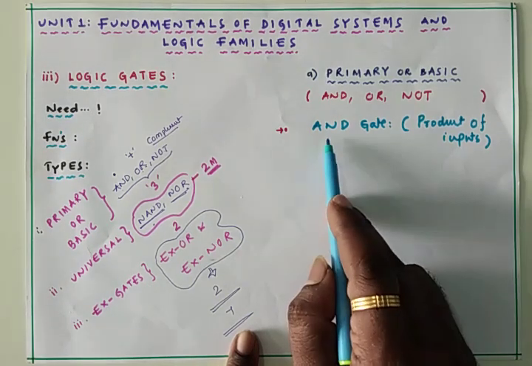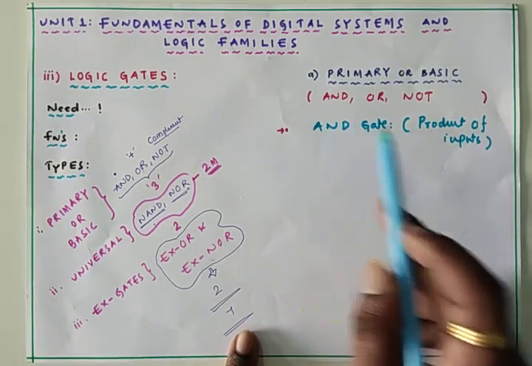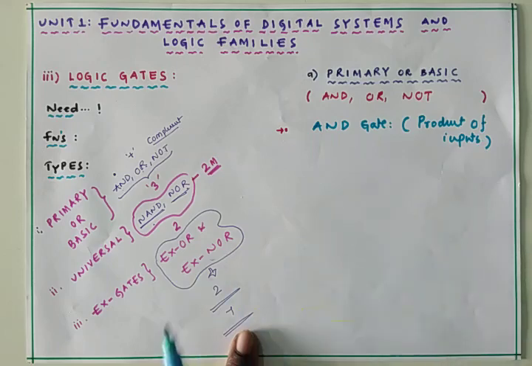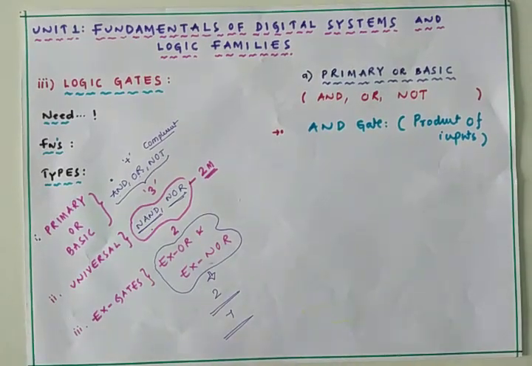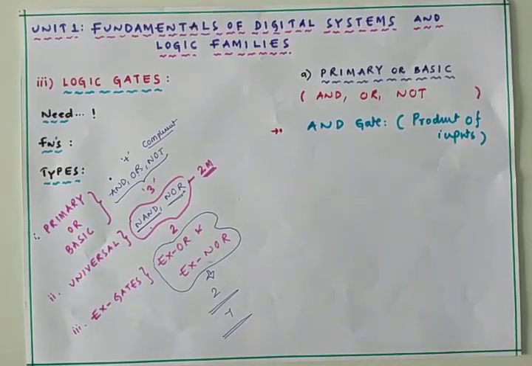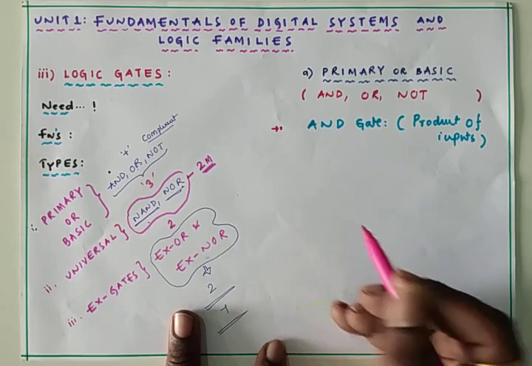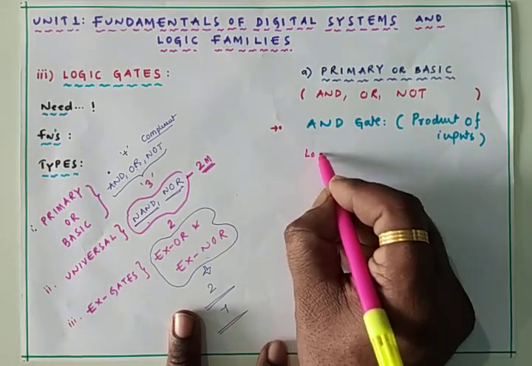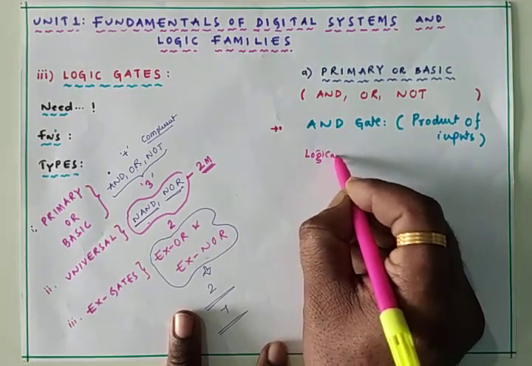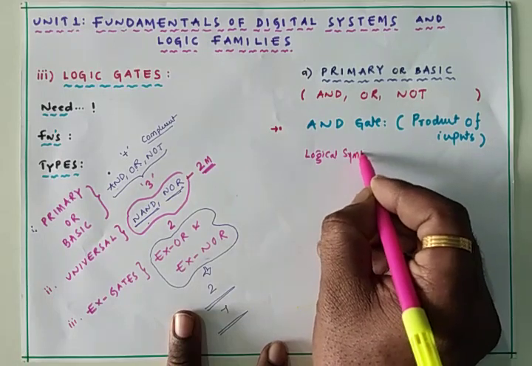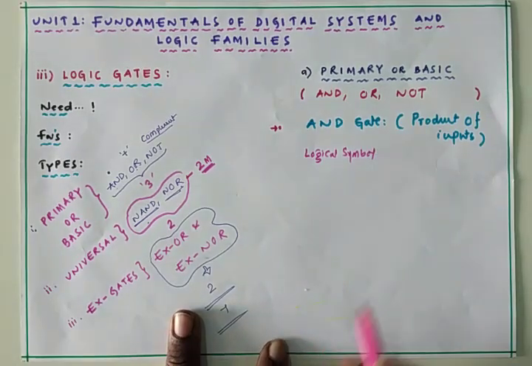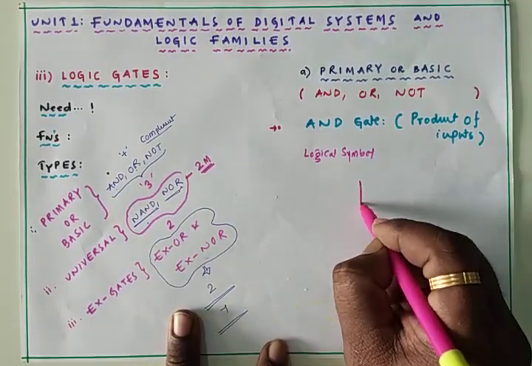If we use the AND gate, the output is nothing but a product of the input signals. Now I am going with the logical symbol, or logic diagram, of the AND gate. The logical symbol is simply the symbol of the AND gate.